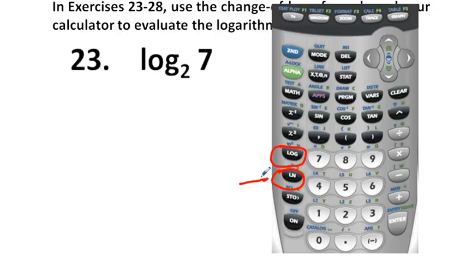So ln is log base e, and the common logarithm, log, is log base 10. In problem 23, you wouldn't have in most calculators the ability to directly enter log base 2 of 7 to get an answer. Hence we have the change of base formula to allow us to use these log keys and ln keys in the calculator. Common logarithm for log, natural logarithm for ln.